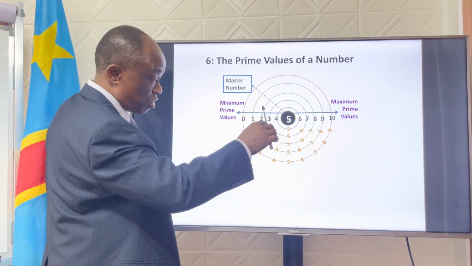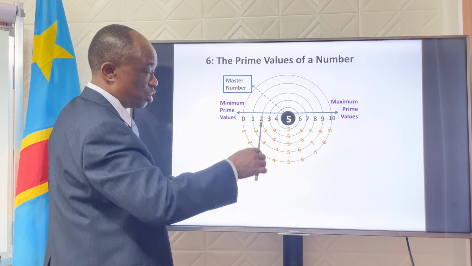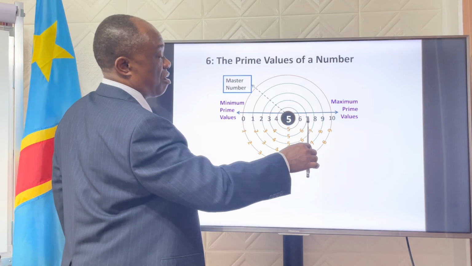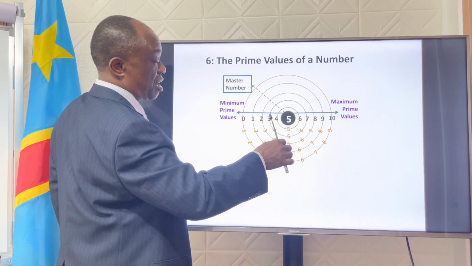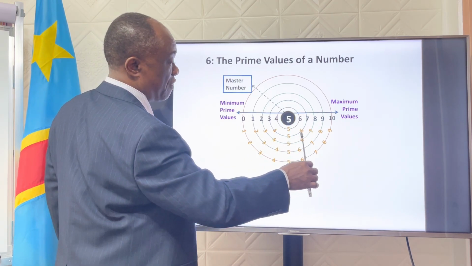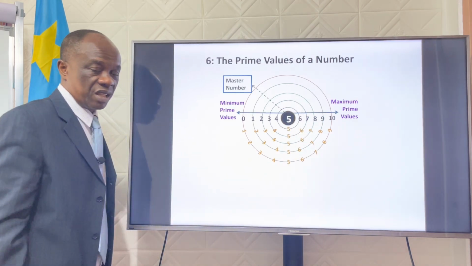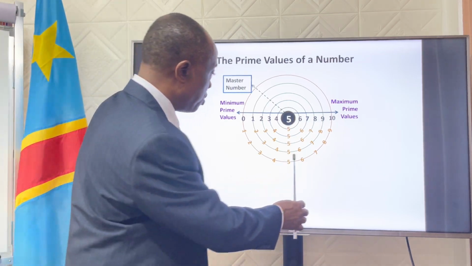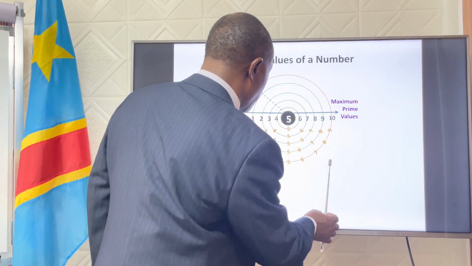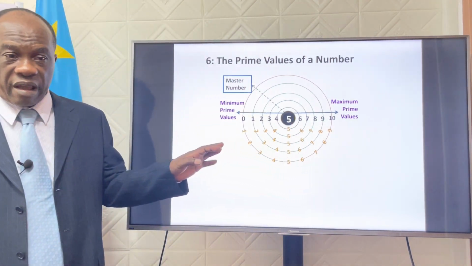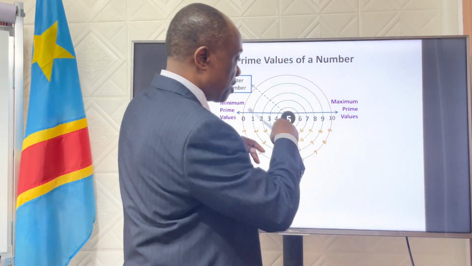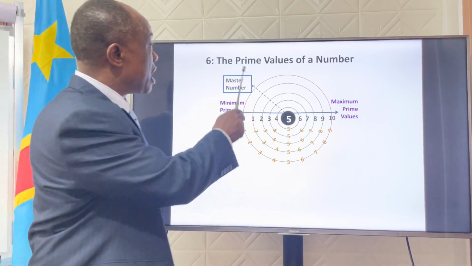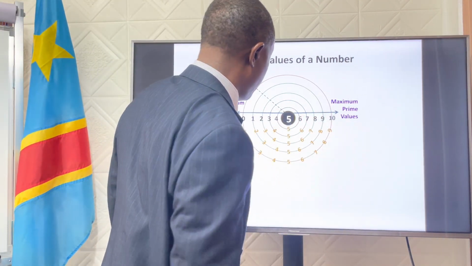And in the opposite direction, for example, 3 wants to go to 7, to communicate with 7, he must pass through 4, 5, 6, 7. That's why these are the middle values, and all together now they make what we call the prime values of number 5.